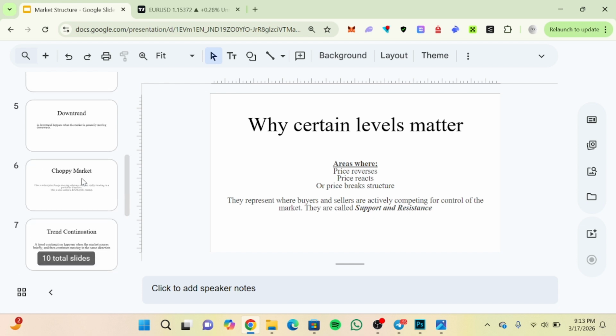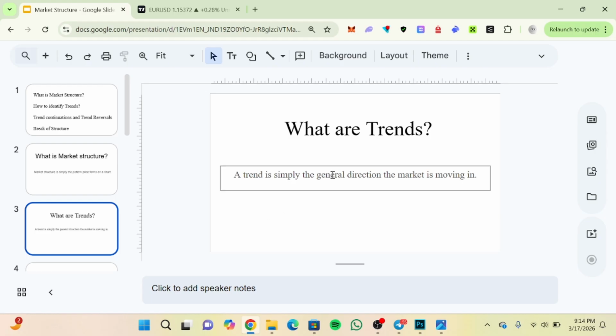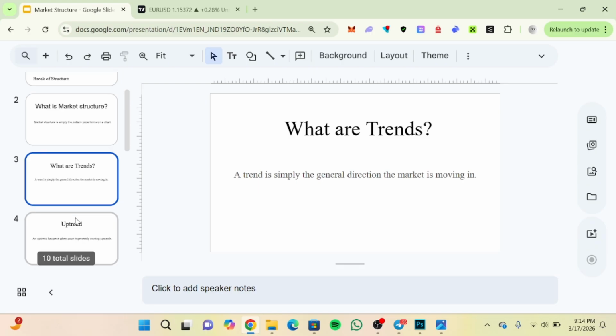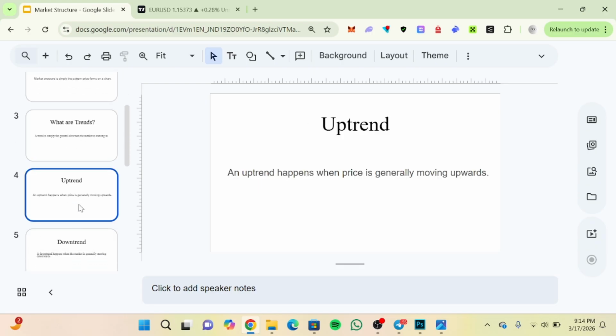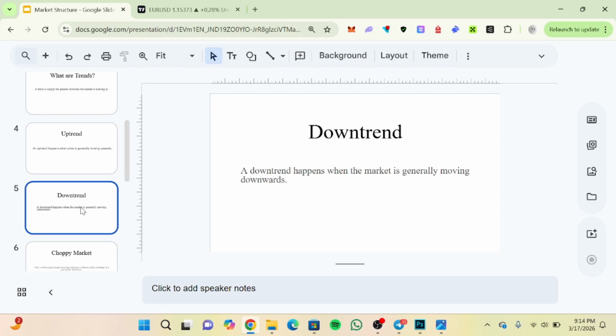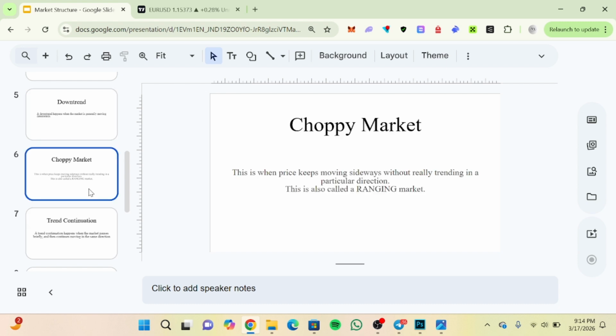So let's quickly recap everything that we've talked about. We said market structure is the pattern price forms on a chart, and from that structure we are able to identify the trend. That trend could either be an uptrend, which is a move to the upward side generally, or a downtrend, a move to the downward side generally, or sometimes it could be a choppy market, just moving sideways, not really going in any direction.